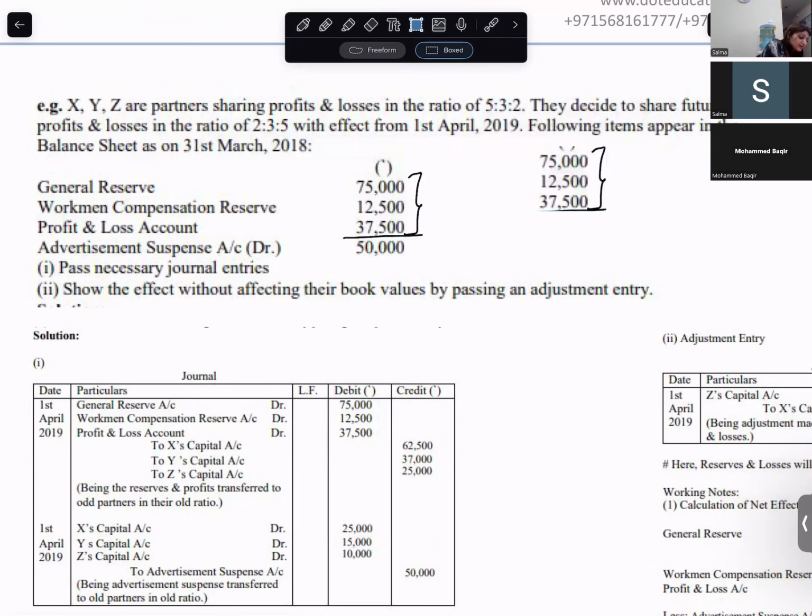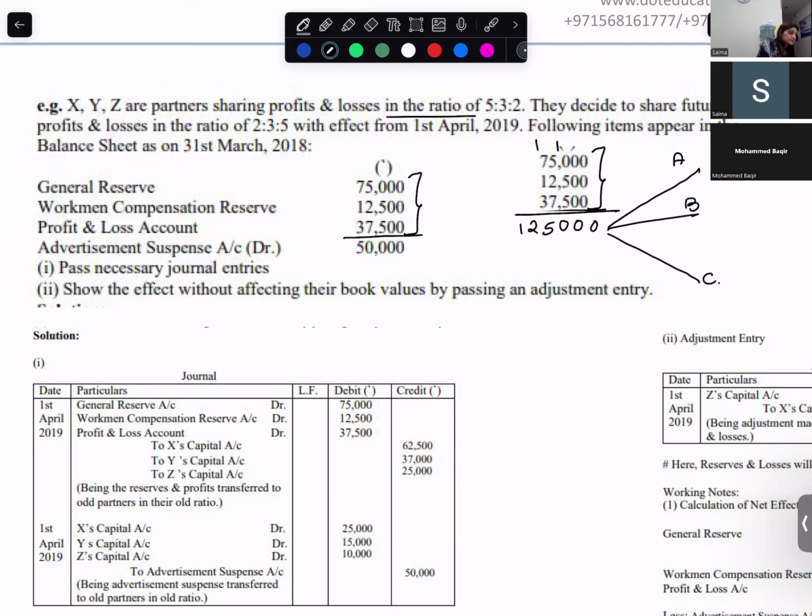If I do the total of this, it will become 125,000. This 125,000 would be distributed amongst A, B, and C in the old ratio. What is the old ratio? 5:3:2. The old ratio is 5:3:2.